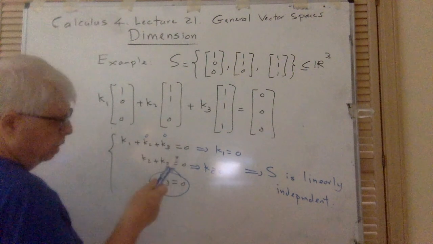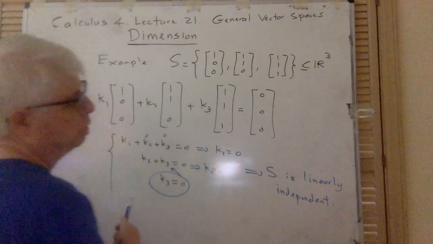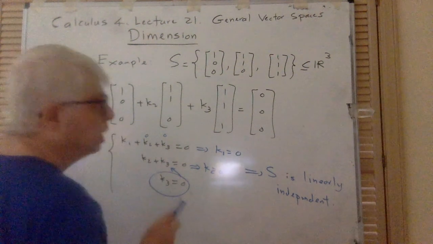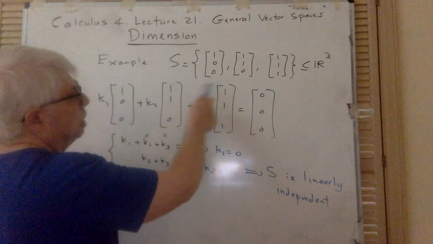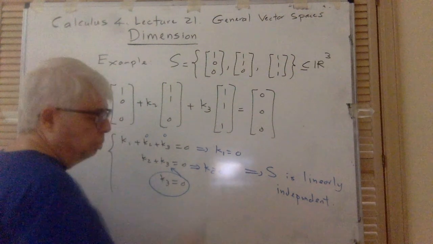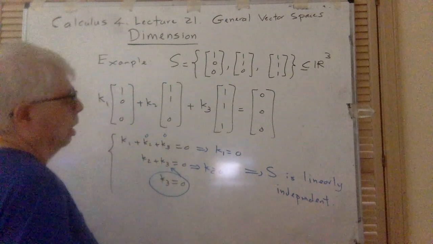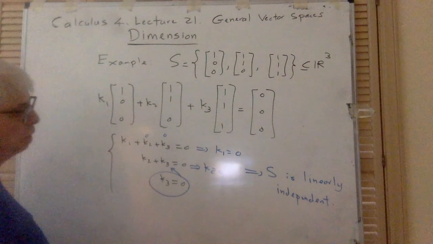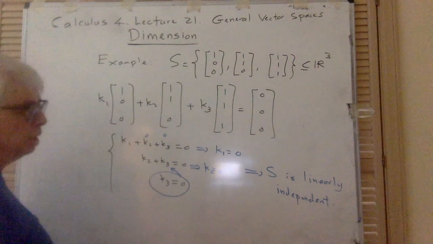The terminology that I use for the definition is that a set is linearly independent. I might have used the terminology saying that these vectors are linearly independent. They both mean the same. Okay, so I showed that this S is linearly independent.